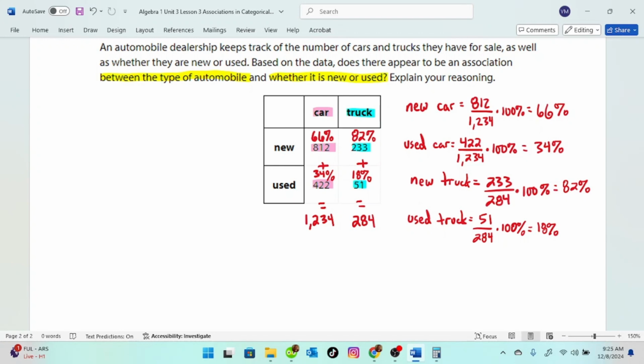That is a 16% difference when you change from car to truck.